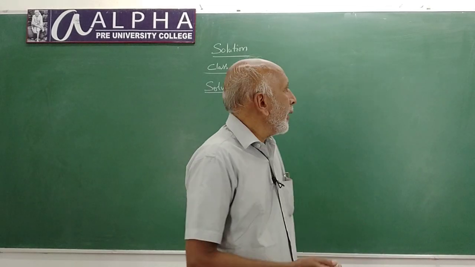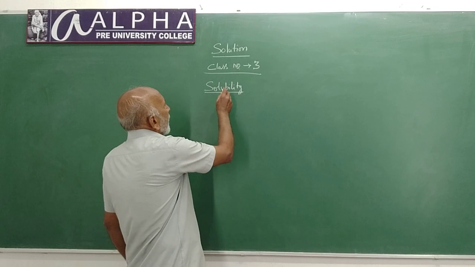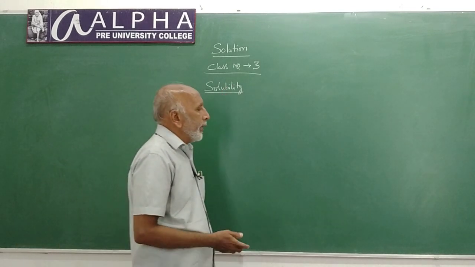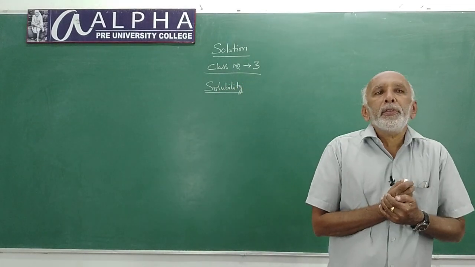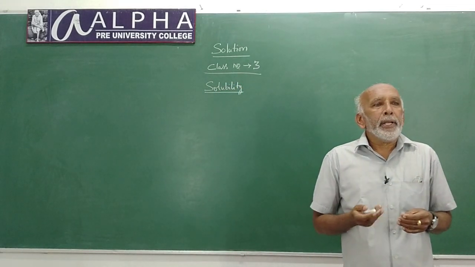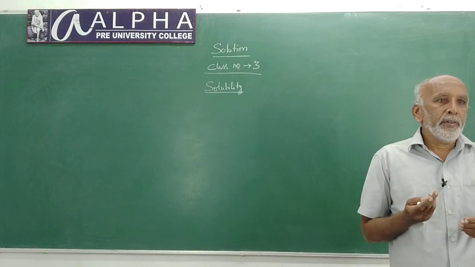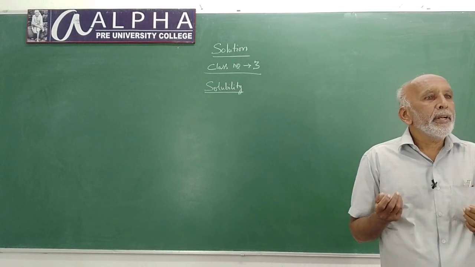Okay. In the last class, we studied a little bit about solubility. Solubility means the maximum amount of solute that can dissolve in a given amount of solvent at constant or fixed temperature.